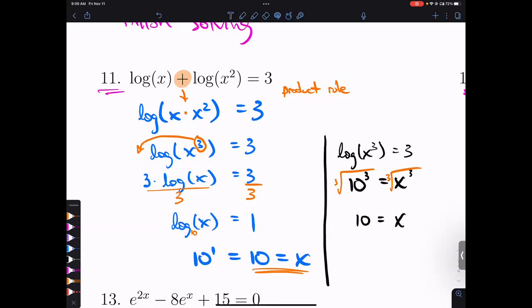Something that's nice about the first way we did it is that if that had been a 2 or 4 or something, then you're talking about a square root or a fourth root. And remember, those behave a little bit differently. If you take a square root, you have to pick up a plus or minus, but the plus or minus might not really work in the original problem. We'd have to go back and check because logs have a domain restriction, right? So if you got a negative x value, that doesn't really work.